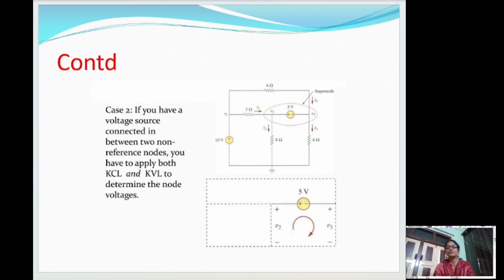This is case 2 and it is known as super node. In case 1, if V1 is connected to the 10 volt source, then V1 will be equal to 10 volt. And if a voltage source is connected in between the two nodes, then these two nodes are known as super node.